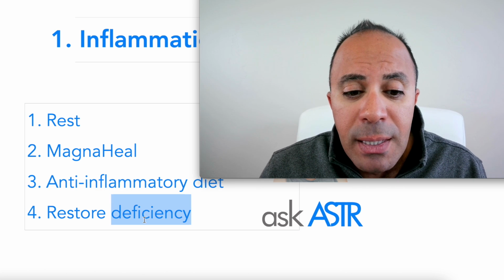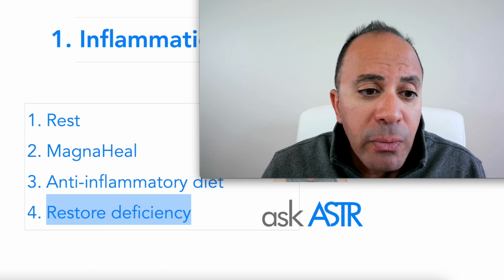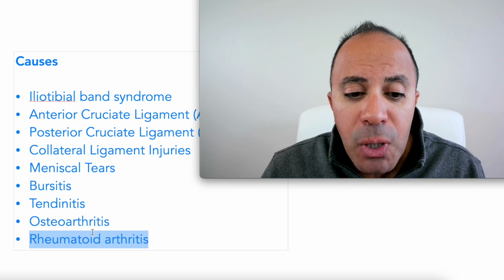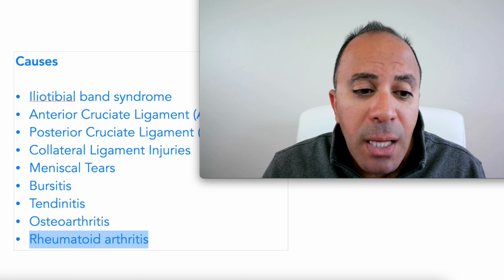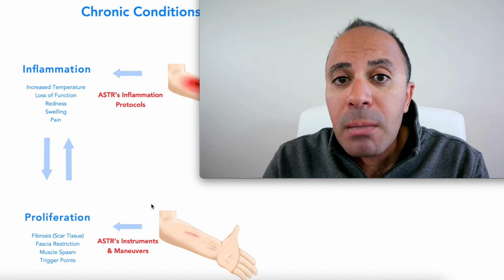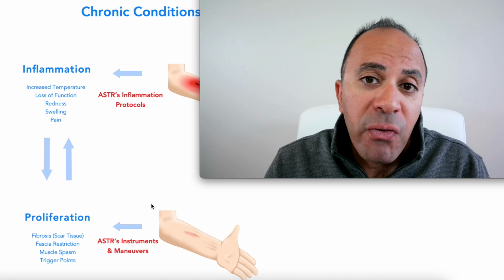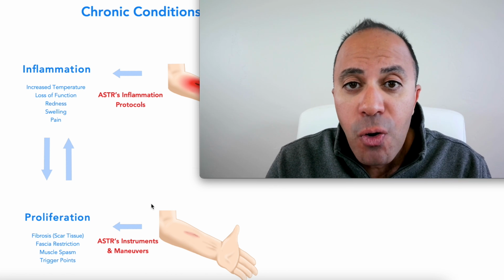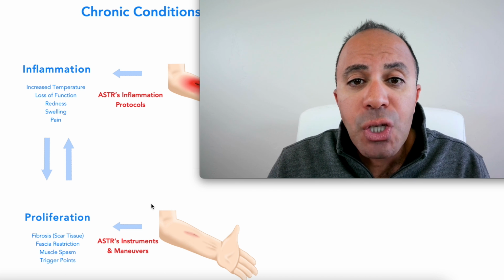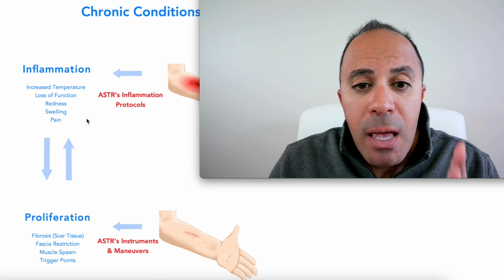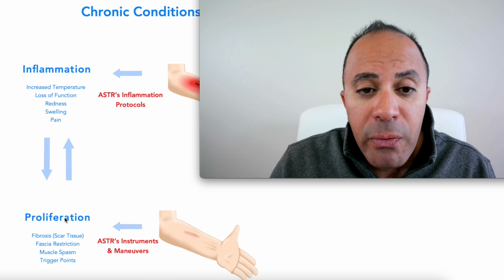One of the other things that's overlooked by a lot of healthcare providers, especially if you have chronic osteoarthritis, rheumatoid arthritis, bursitis, or tendonitis and your body is very slow to heal, is the possibility of a deficiency in minerals, vitamins, or a hormone imbalance that slows down your normal healing cycle and makes you stuck between the inflammation and proliferation stages.